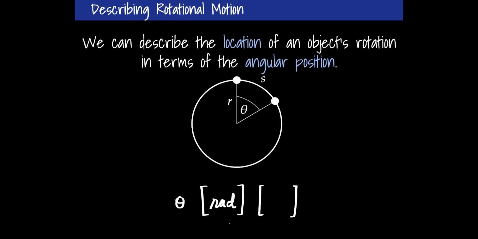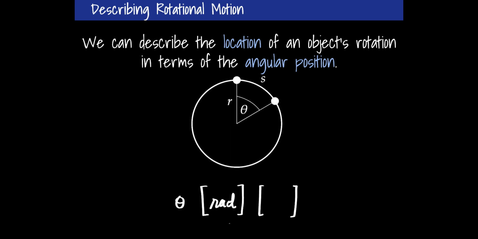where I have the mass. I'm imagining that this is some kind of mass like a marble, and it's going to move along the arc length, and I can describe how far it goes in terms of s, the distance it travels along the arc. But you see, it's completely equivalent to, say, the angle.